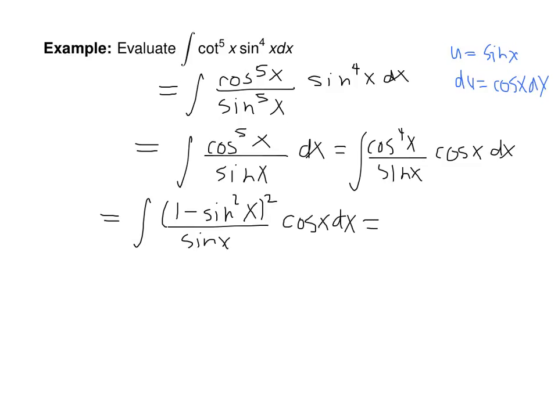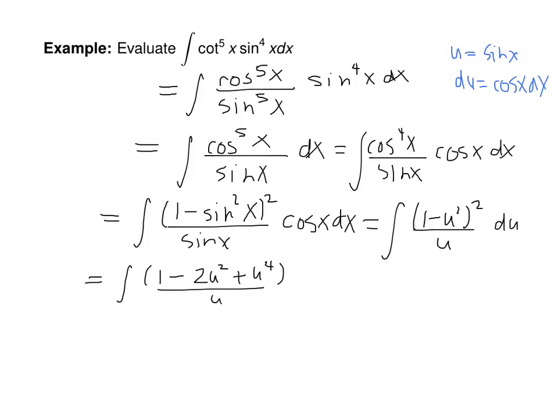Now make your substitutions, and we have 1 minus u squared, the quantity squared, over u du. And if we expand the numerator, we end up with 1 minus 2u squared plus u to the 4th all over u. And then divide each term by u, which gives us 1 over u minus 2u plus u to the 3rd du. And now we anti-differentiate.